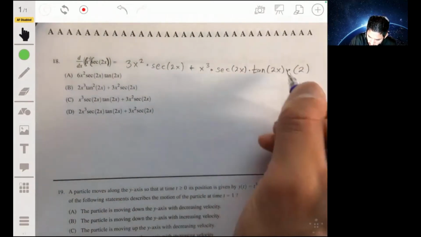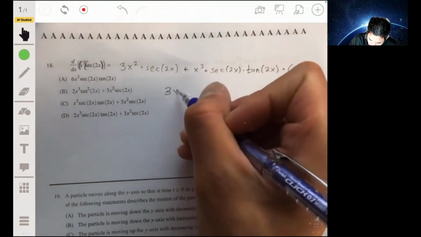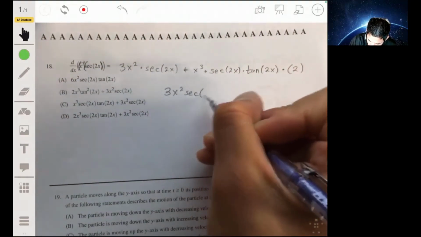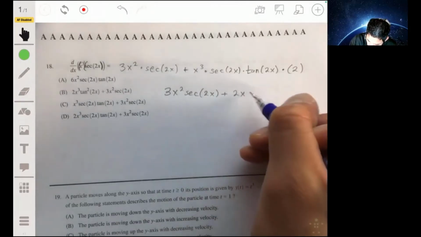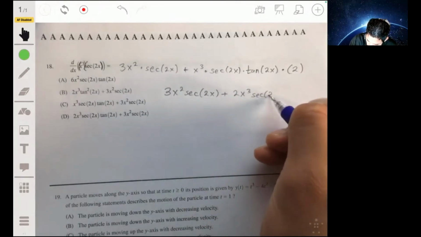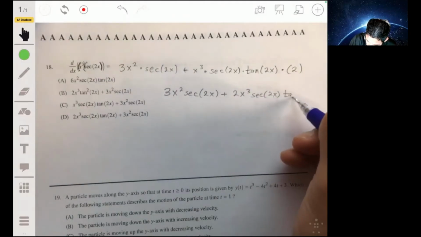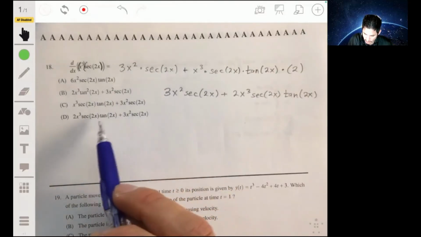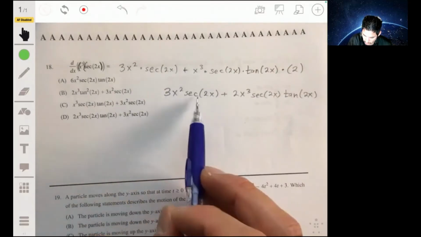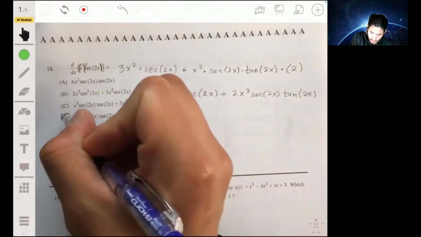There's really not much, we can't really combine this. It'll just be 3x squared secant of 2x plus 2x cubed secant of 2x tangent of 2x. Yeah, I think the answer will be D.